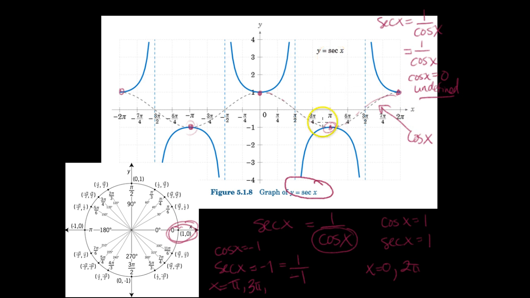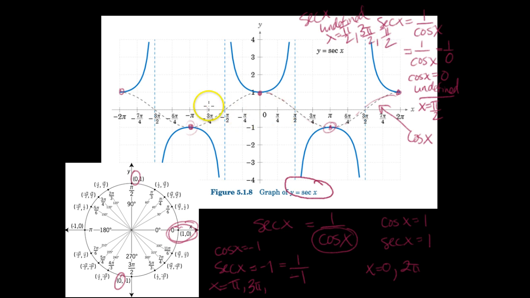So cosine of x is equal to 0 when x is equal to pi over 2. Look at the unit circle: pi over 2 and 3 pi over 2. Do you see that that would give you a 0 in the denominator? So secant x is undefined when x is equal to pi over 2, 3 pi over 2, and negative pi over 2.